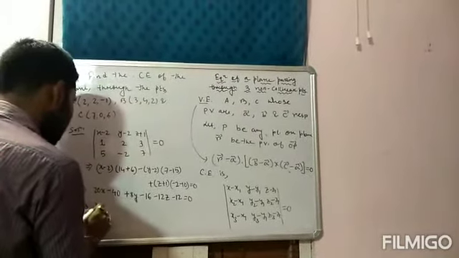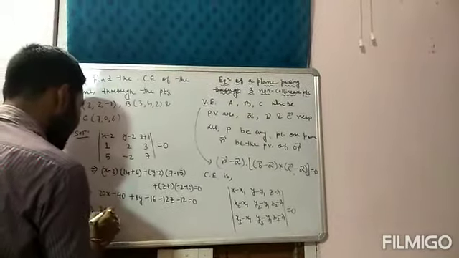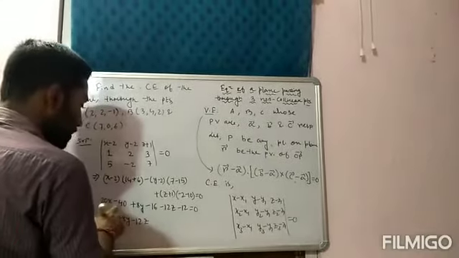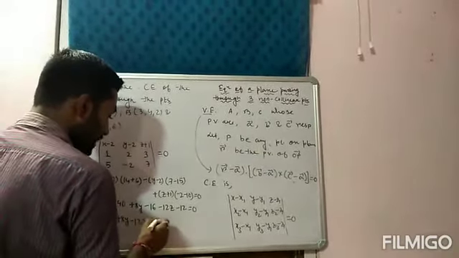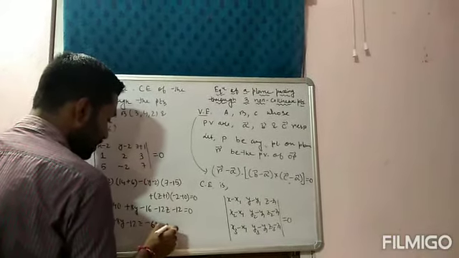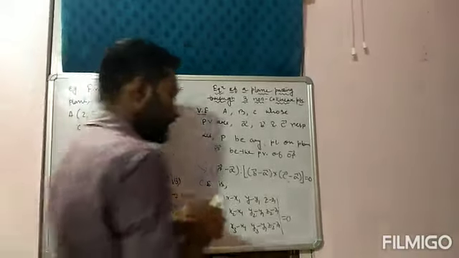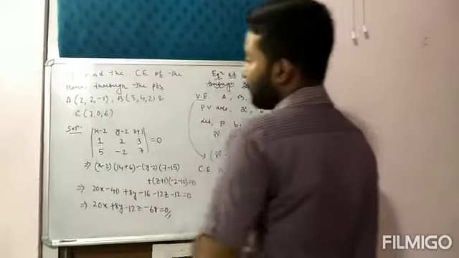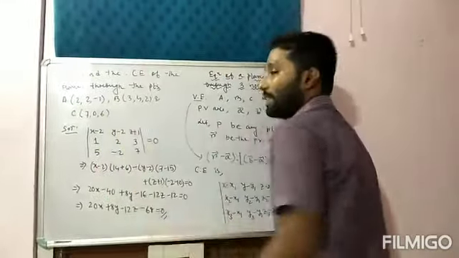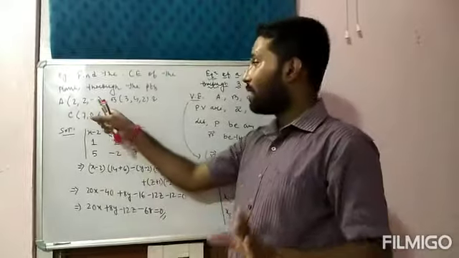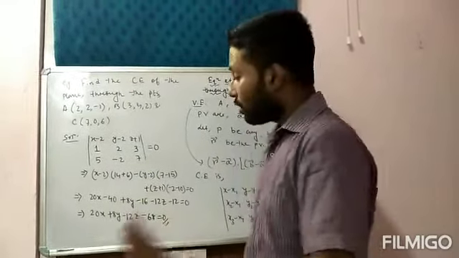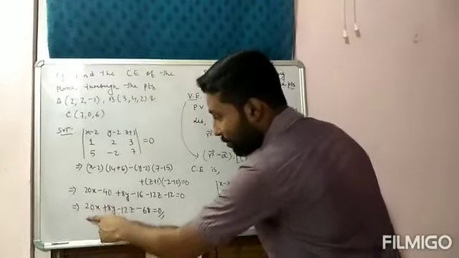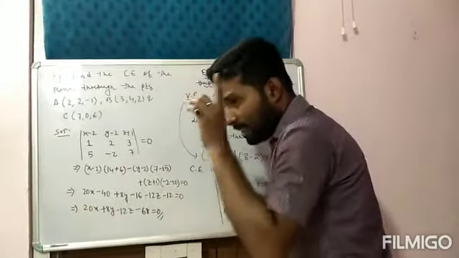That is 20x plus 8y minus 12z, minus 40 minus 16 is minus 56, minus 68, is equal to 0, which is the Cartesian equation of the plane passing through 3 non-collinear points. Now it is confirmed that these 3 points are not collinear.